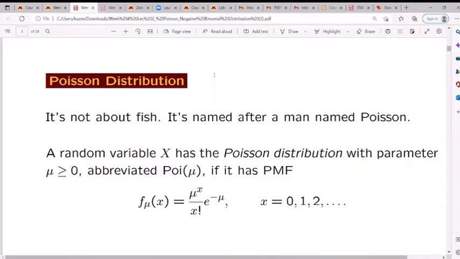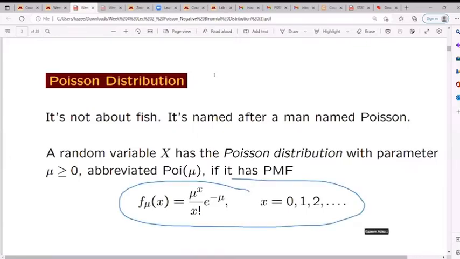Now let me tell you, in statistical theory, if a random variable X follows Poisson distribution, I'm going to show you the mathematical architecture of that.